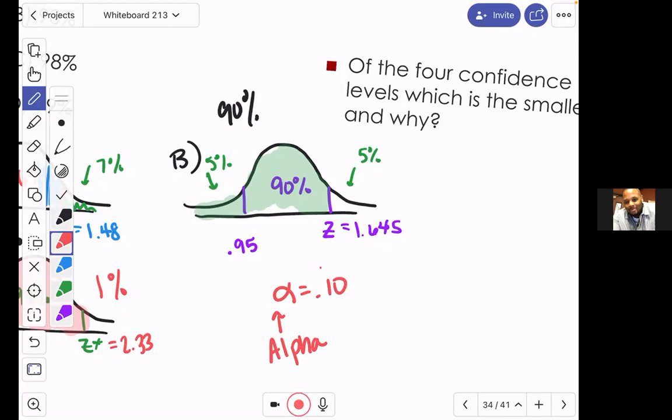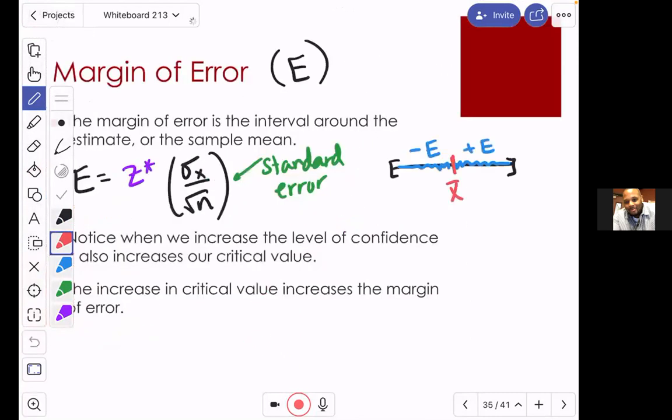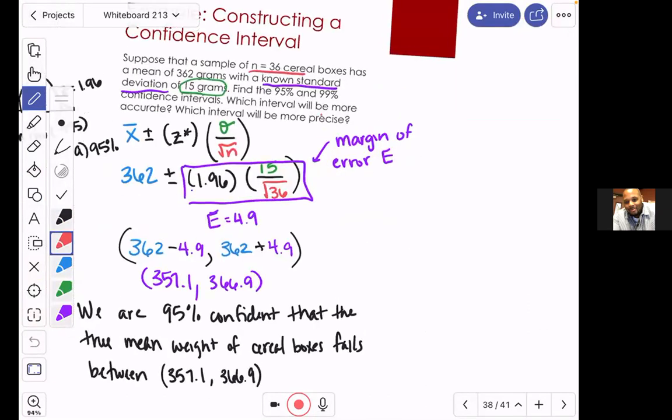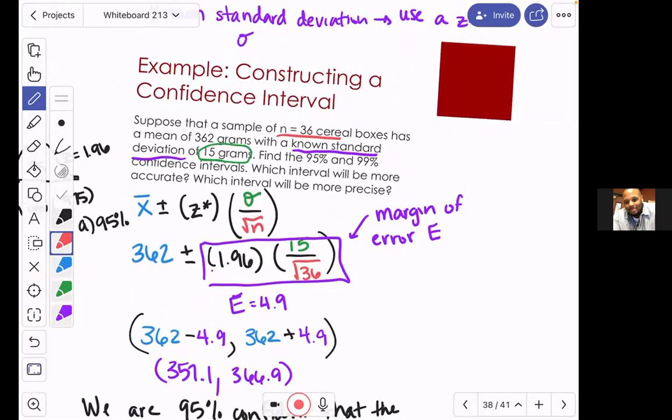To use Excel to calculate a confidence interval, let's go find a problem. Let's look at this particular problem right here. Suppose that a sample of n equals 36 cereal boxes has a mean of 362 grams with a known standard deviation of 15 grams. This known standard deviation matters because we're going to use a Z critical value. Eventually, after this test, we're going to talk about T critical values, which might be on this test, I don't know.